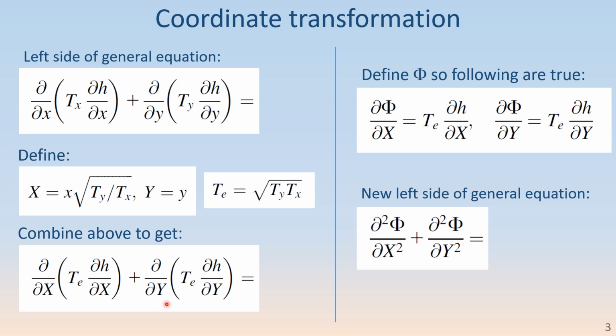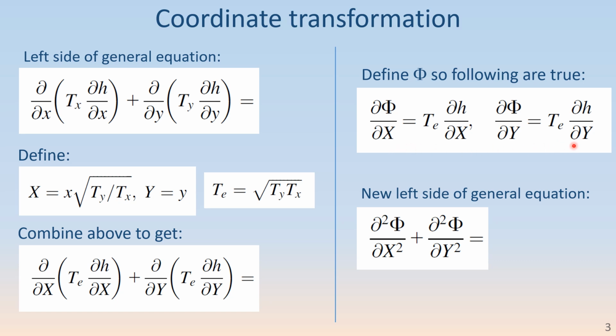So once we've got this, we can define an aquifer discharge potential such that these equations are true, define it in terms of head and the capital X, capital Y coordinates.